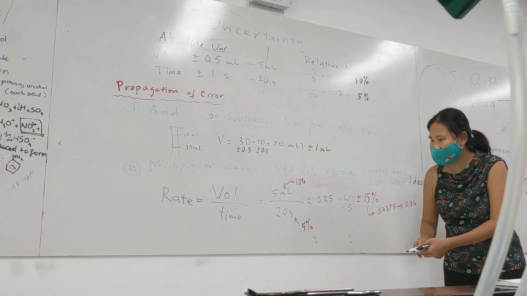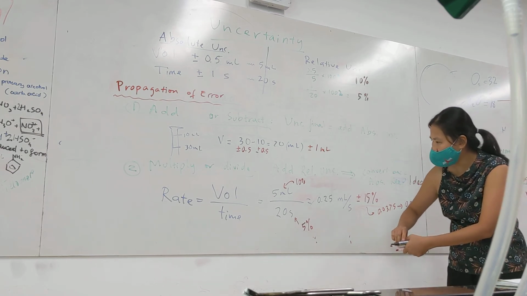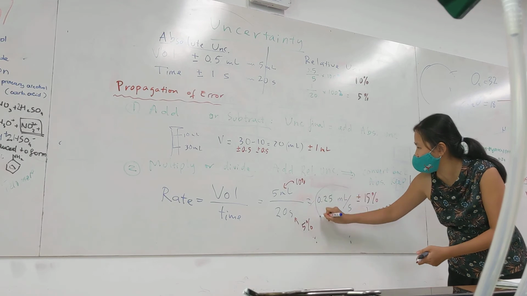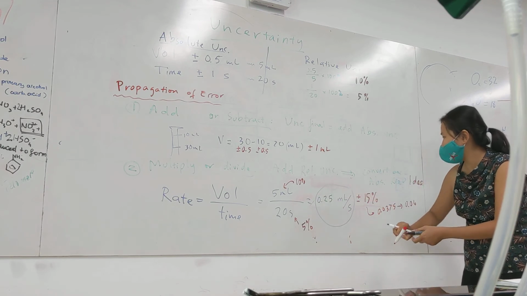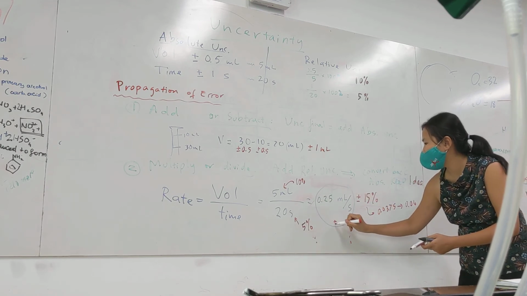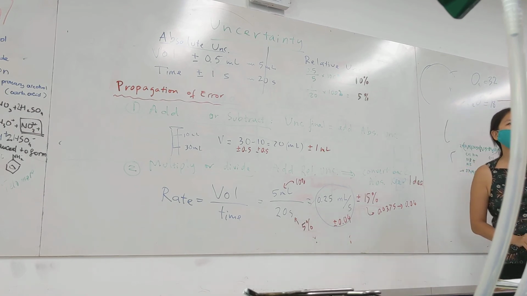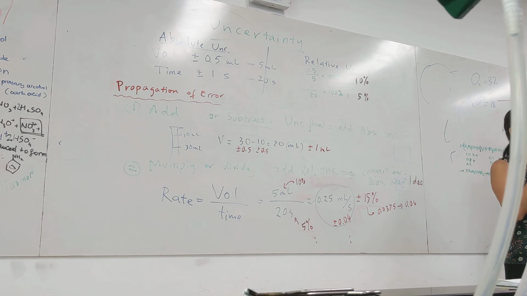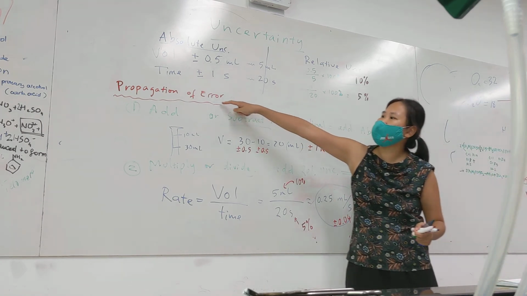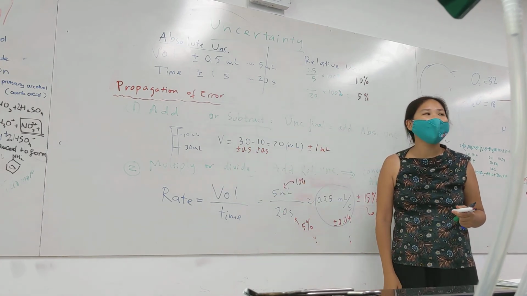So this final value is 0.25 milliliter per second plus or minus 0.04 milliliter per second. So that's your absolute uncertainty, propagated from the values that you have.